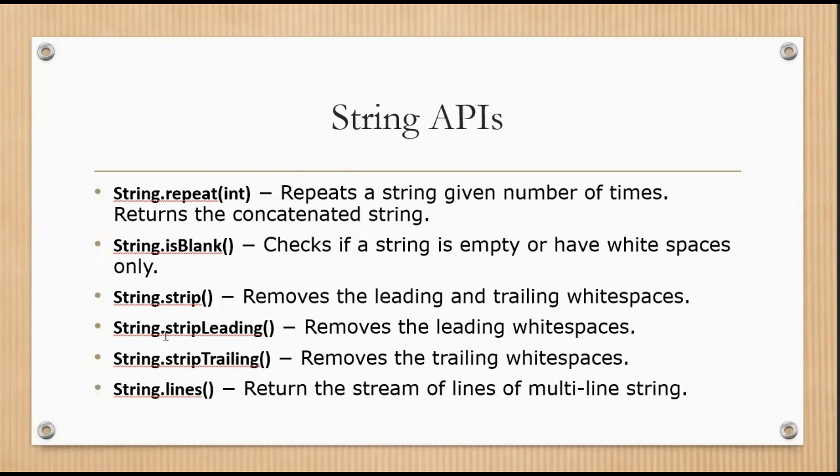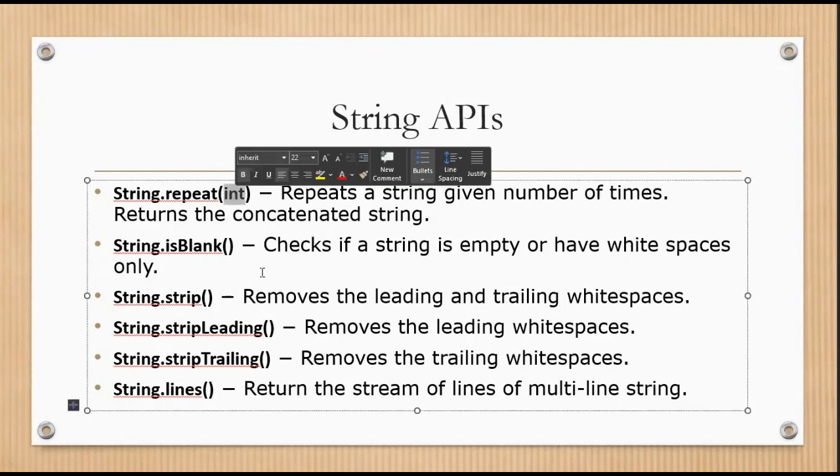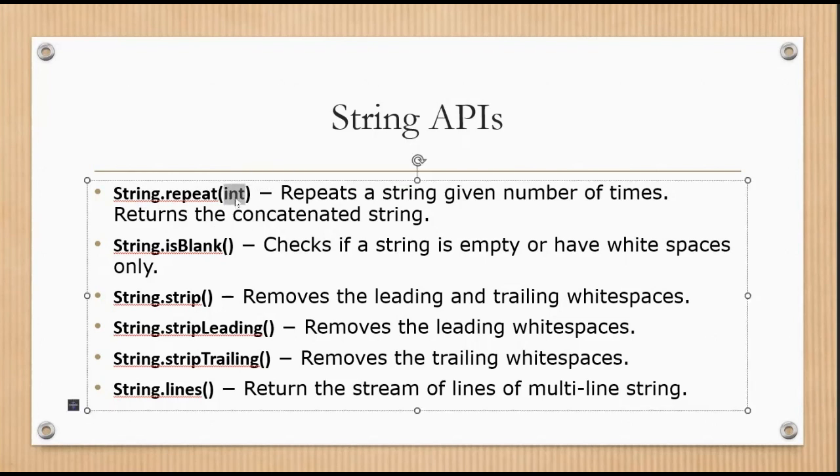I'll explain these in the working session, so you'll understand them more clearly. Basically, when you want to repeat, for example, I have a string called welcome Java, and I want to repeat the same string some n number of times. You can specify a number like 10, which means it will repeat the same string 10 times. That functionality is given in the repeat method.